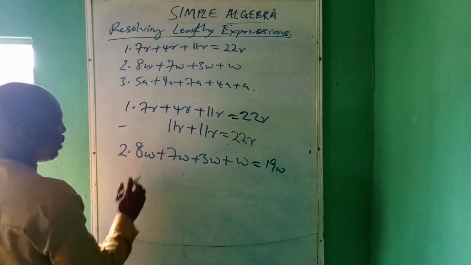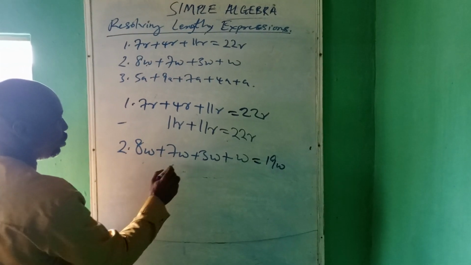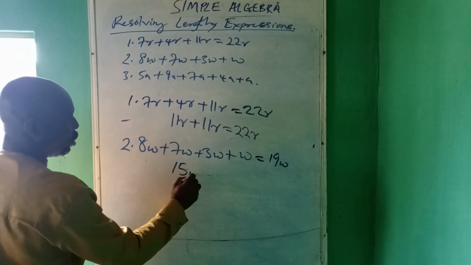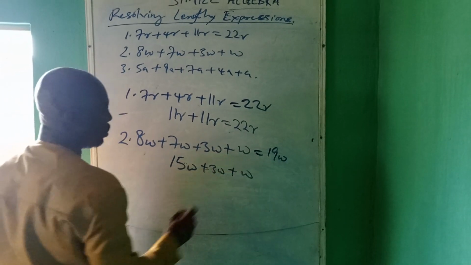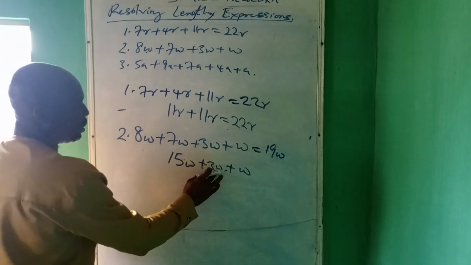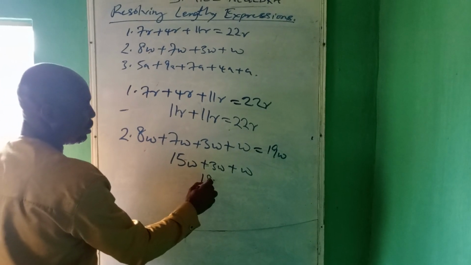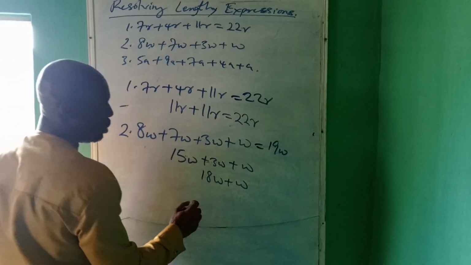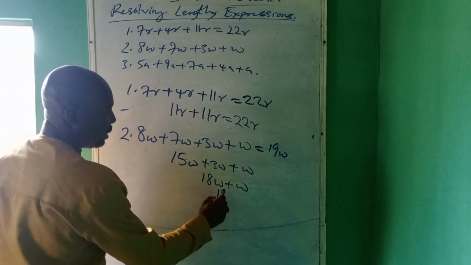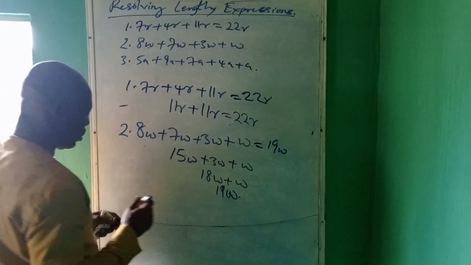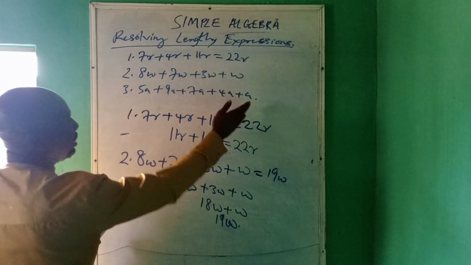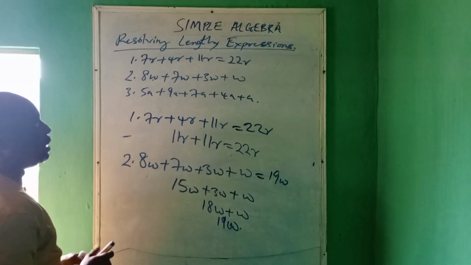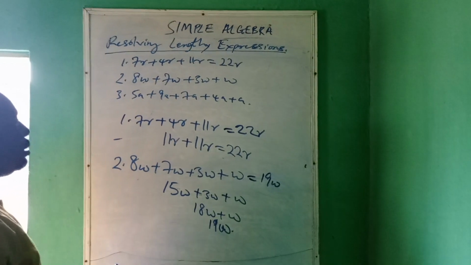We add these two first, 8w plus 7w will give us 15w. Then bring this one down, plus 3w plus w. 15w plus 3w will give you 18w plus w. And that will give us 19w. The same thing you will do here, just take it systematically and you will get your answer.